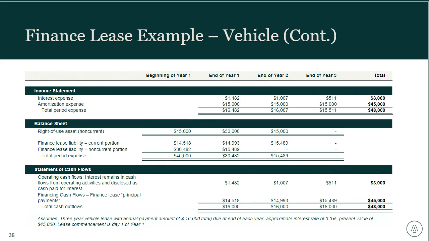It looks a little daunting at first, but it's simpler than it appears. So you have 2 components on the income statement, which before was the same. You had basically a fixed asset you were bringing on with your capital lease and depreciating or amortizing it. Now you have an amortization of a right of use asset.